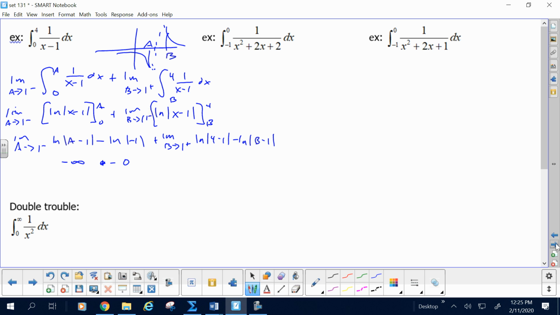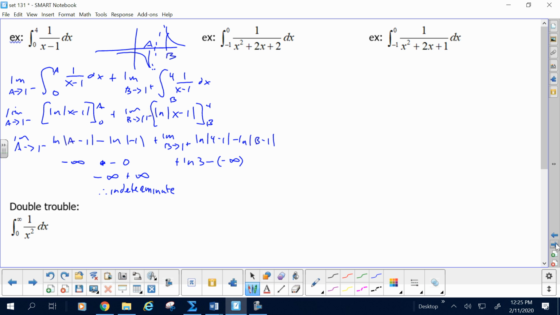Log of 3 minus, what about log of b minus 1? Where does it approach? So that's minus negative infinity, yeah? So I get negative infinity plus infinity, that is indeterminate.